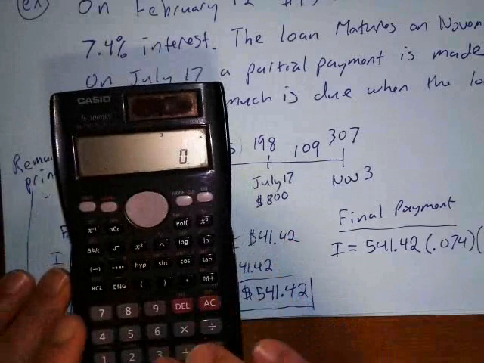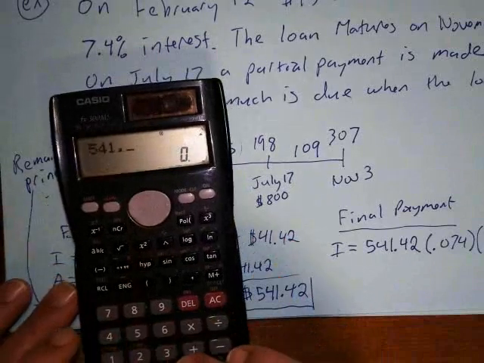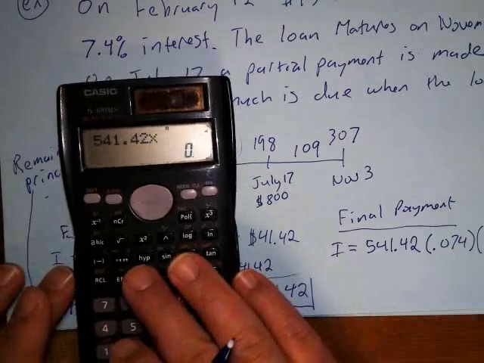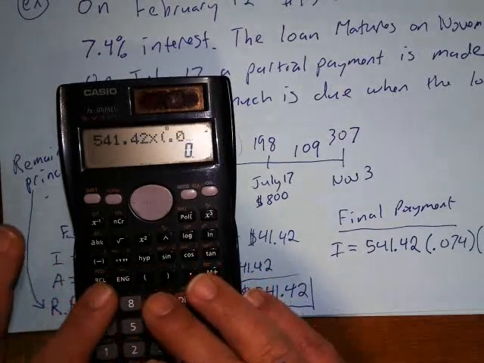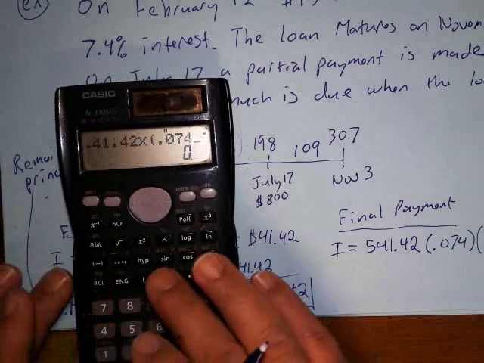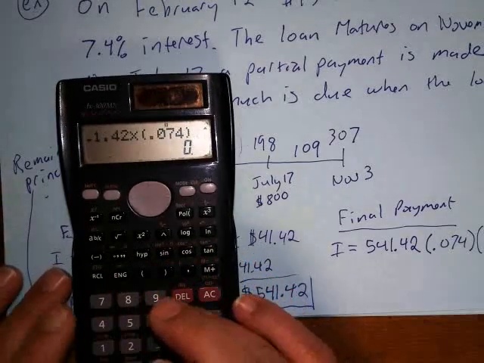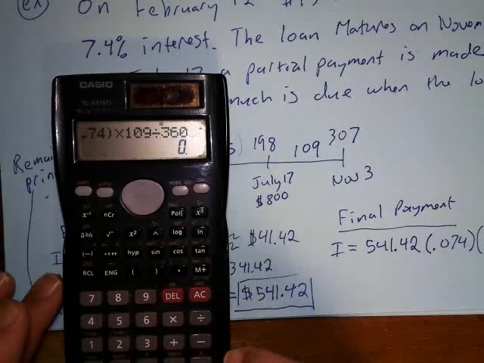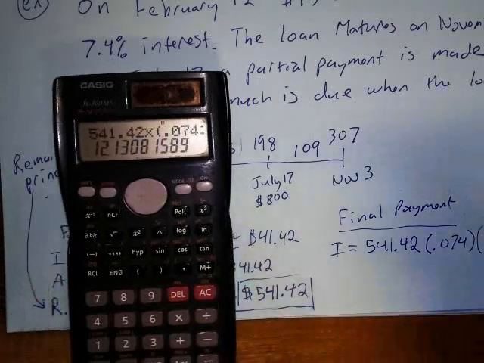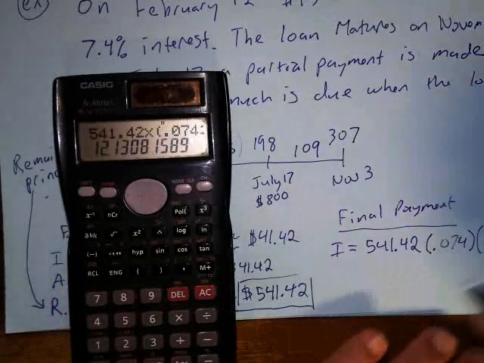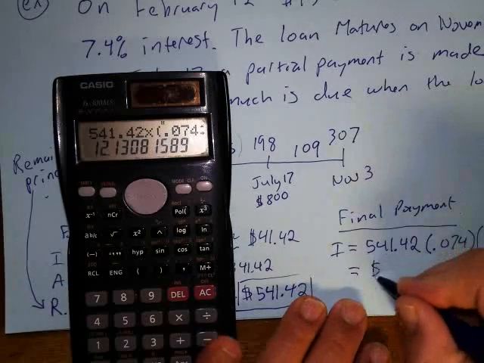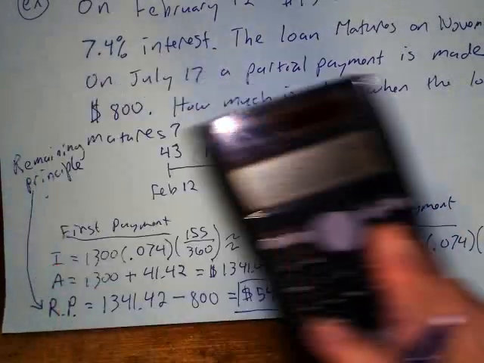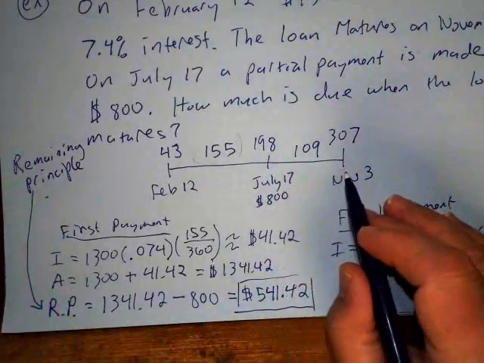So 541.42 times 0.074 times 109 divided by 360. So this interest here is $12.13. Okay, so that's how much interest I owe over this part of the loan.